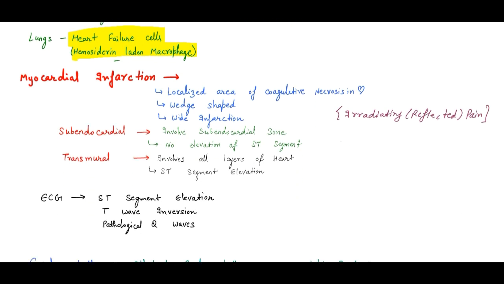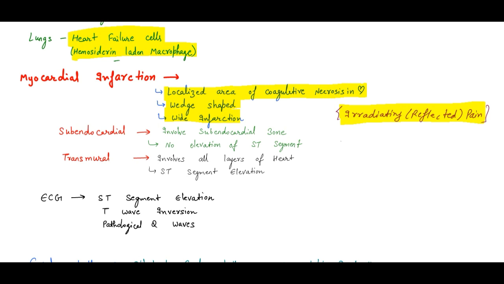Myocardial infarction is a localized area of coagulative necrosis in the heart, a wedge shaped and wide infarction. Which pain do we see in myocardial infarction? Irradiating, radiated or reflected pain.